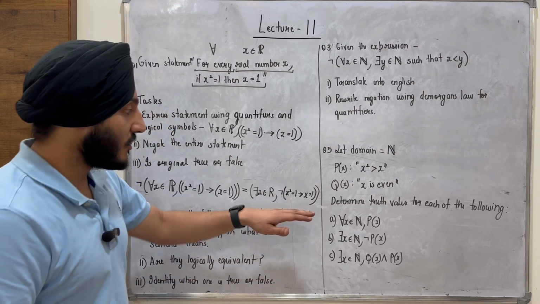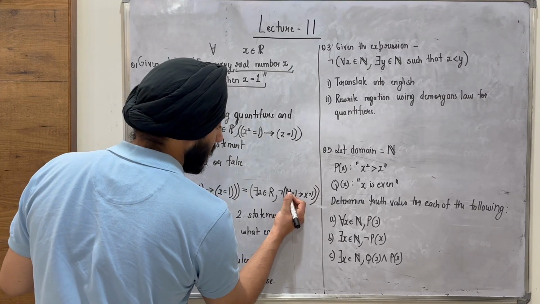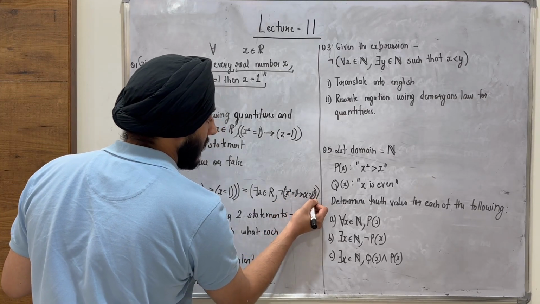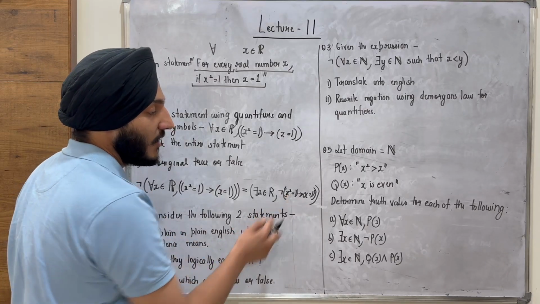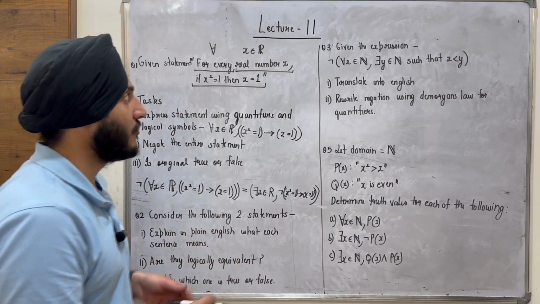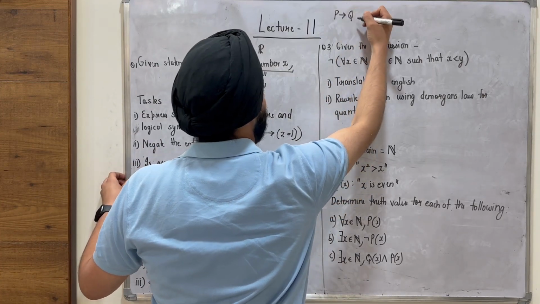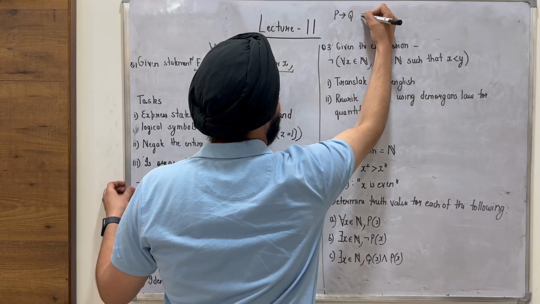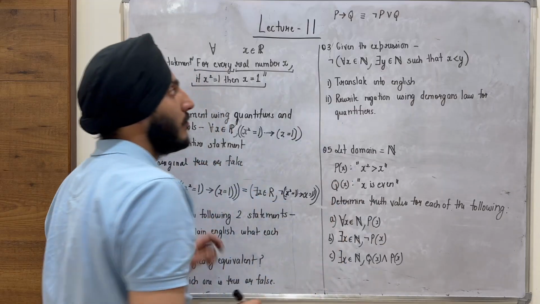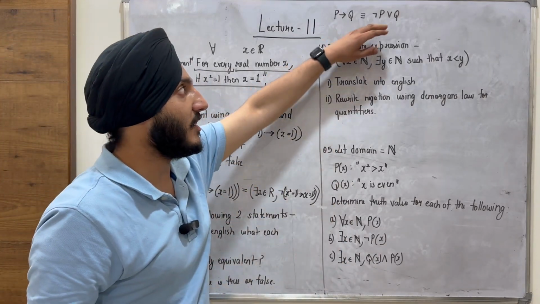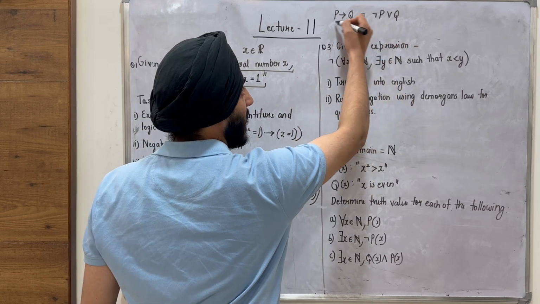Now, your question might be, how do you further negate this statement? Now, this is a task that I leave up to you guys. I told you that there's some specific representation that we can use, so I'm just going to give you the representation. If you remember, P then Q is actually exactly the same as negation of P or Q. We compared their truth tables and we figured out that they're actually equivalent.